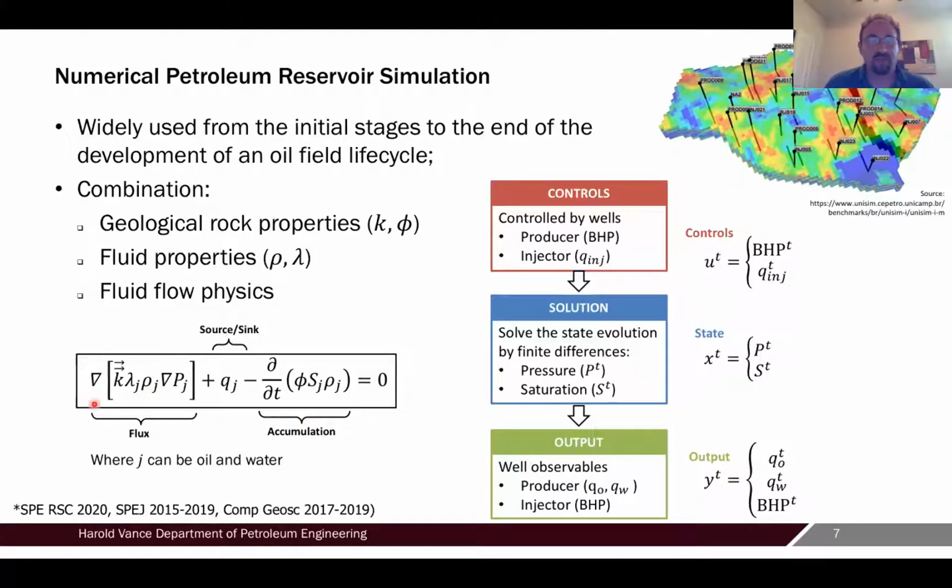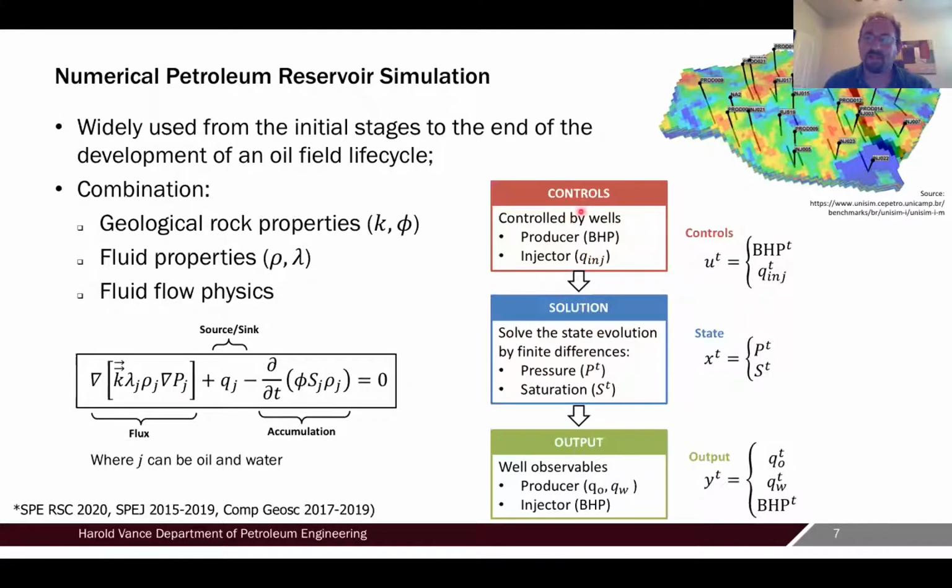It involves on the left-hand side a flux across your control volume, sources and sinks, and here as well, that's particular for porous media, accumulation inside the control volume related to the compressibility of the fluid and the rock. Okay, so if you account for that, that's basically what reservoir simulation is.